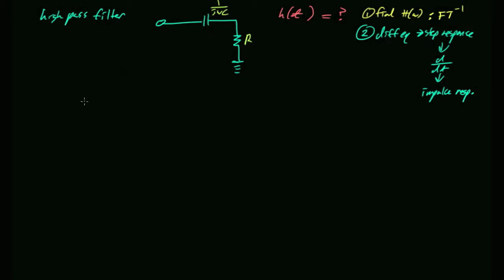So my transfer function is going to be R over R plus 1 over j omega C. Correct, you are. All right, which equals, if I tidy that up, I'm pretty sure that gives me j omega RC over j omega RC plus 1. Sweet. Who knows how to take the inverse Fourier transform of that?